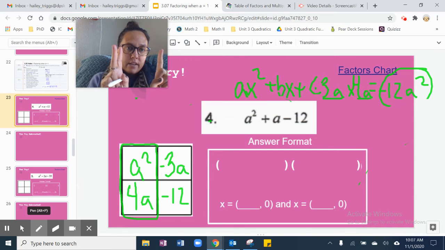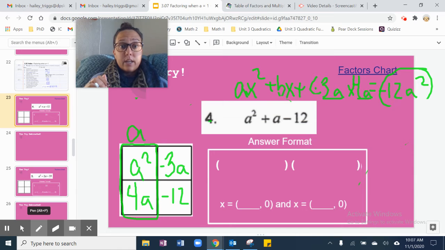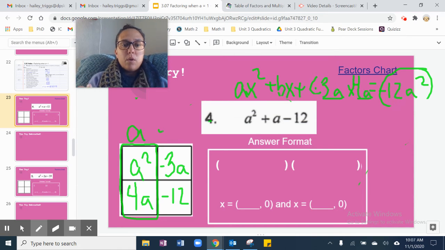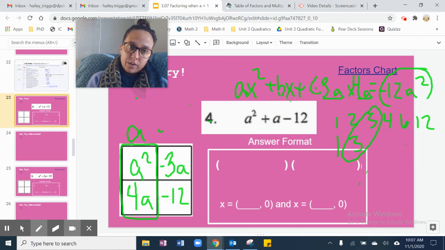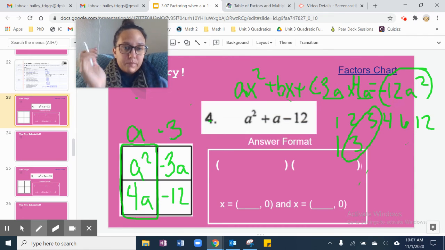They both have an a, so we'll pull out an a. From negative 3a and negative 12, they're both negative, so I know I'm going to pull out a negative. Well, the factors of 12 are 1, 2, 3, 4, 6, 12, sorry. And the factors of 3 are 1 and 3. So the greatest common factor of those two would be 3. So we pull out a negative 3.